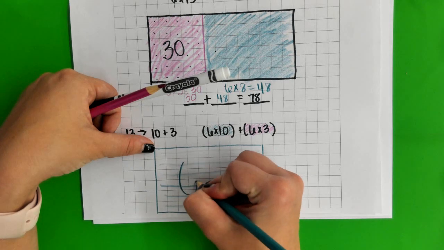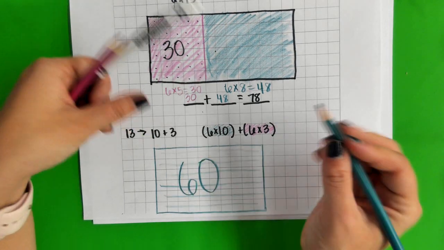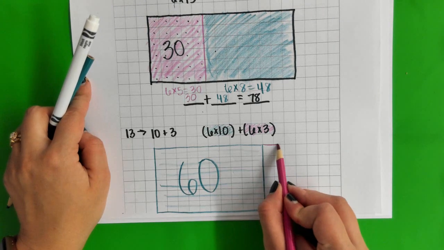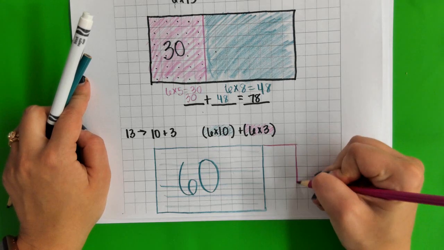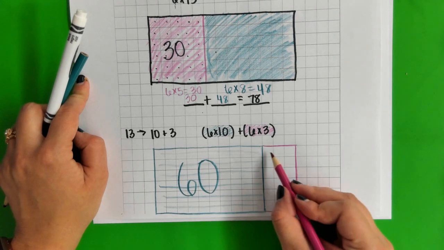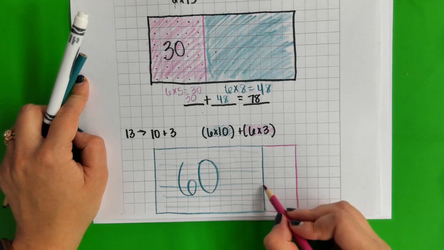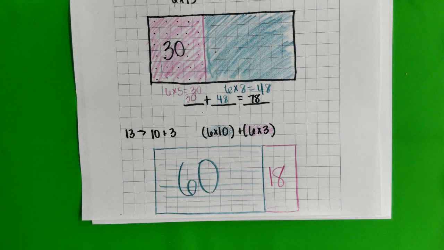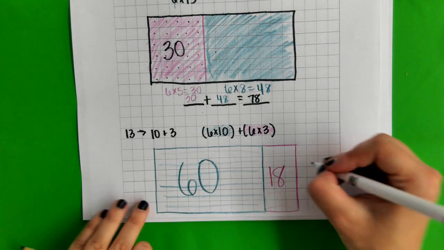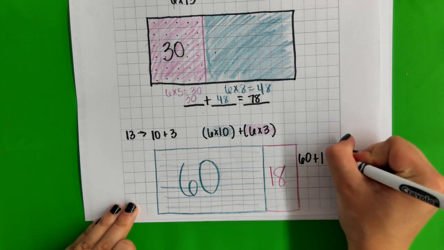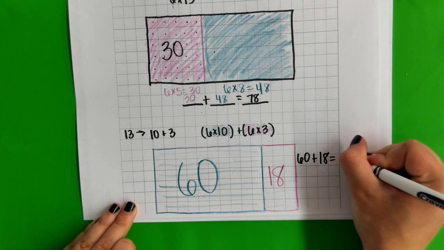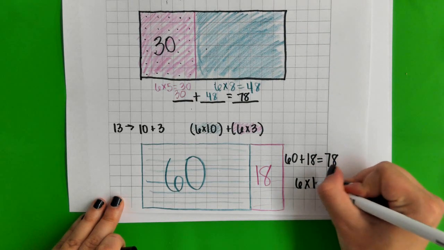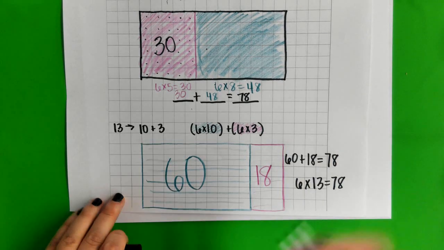So I know that there is 60 squares in this. I've already counted down 6, and I can go over 1, 2, 3. I've got 3, 6, 9, 12, 15, 18. And so now I can take 60 plus 18, and that's equal to 78. So I know that 6 times 13 equals 78.